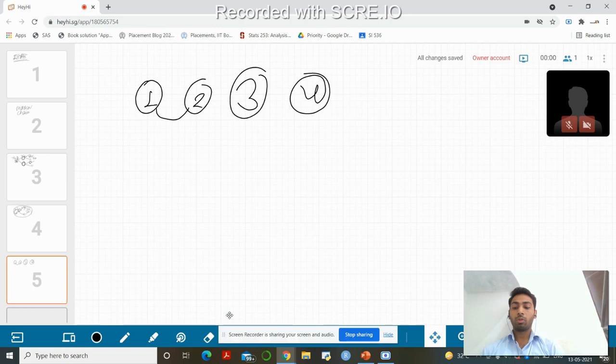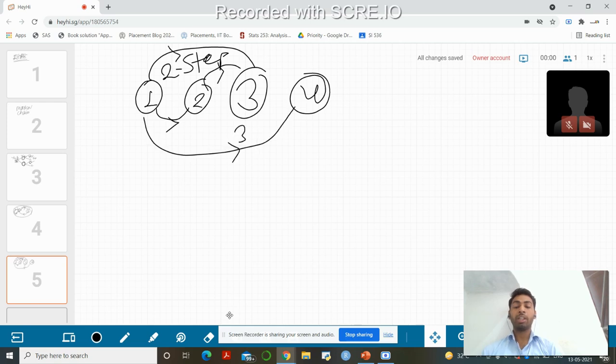If we go from 1 to 2, this is a one-step transition probability. From 2 to 3 is one step. But from 1 to 3 is two steps, and from 1 to 4 is three steps.